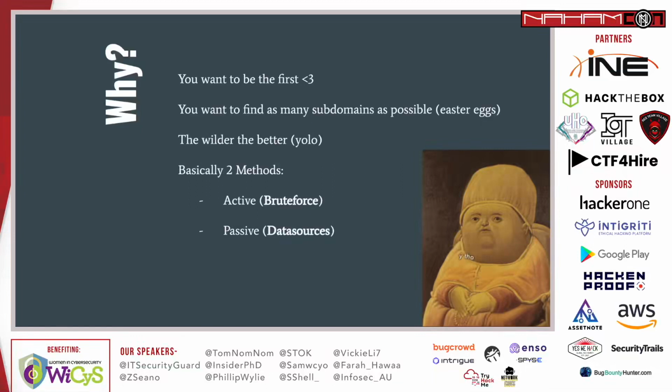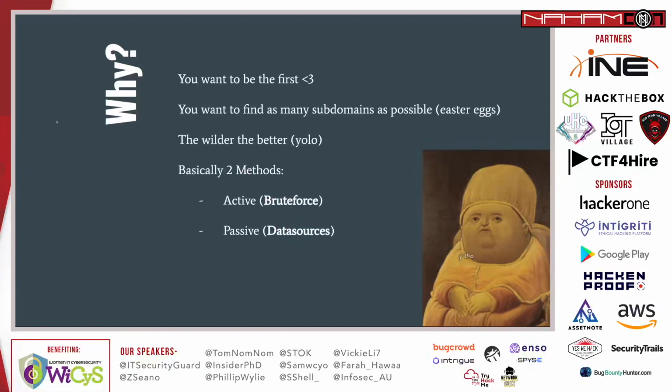And to do so, we usually have two methods. One of them is active scanning for subdomains, meaning you have a word list and you try to brute force common words and permutations. But there's also a second one, which is passive enumeration. And in this talk, I want to specifically cover this part because this is what I usually do in my bug bounty journeys.